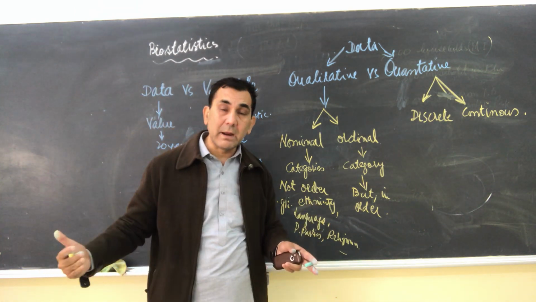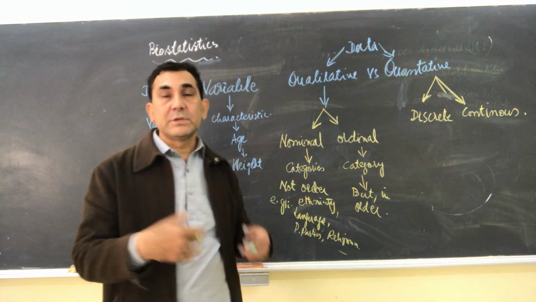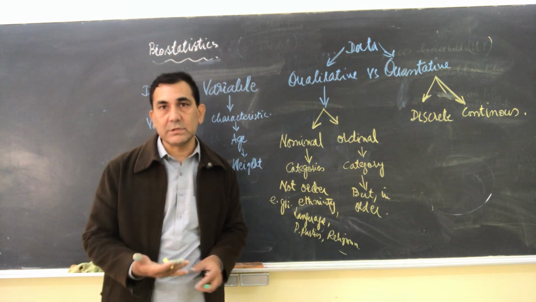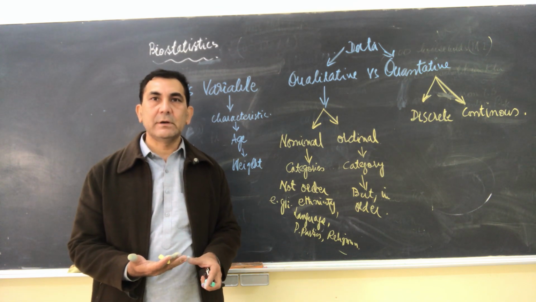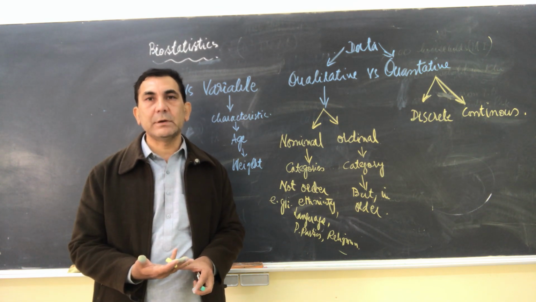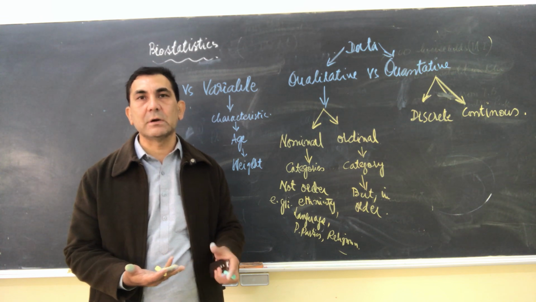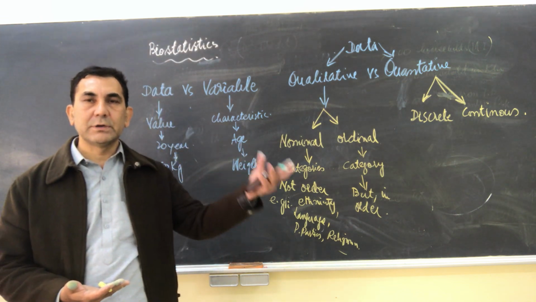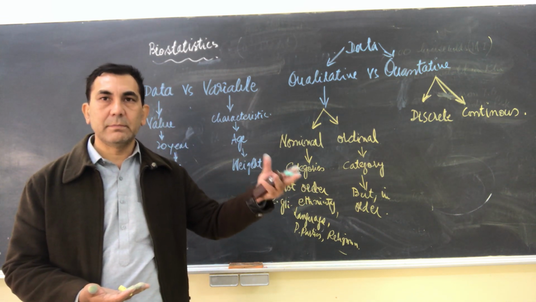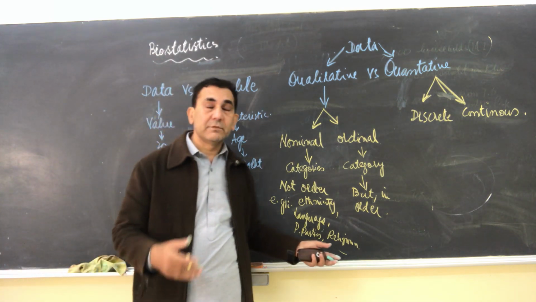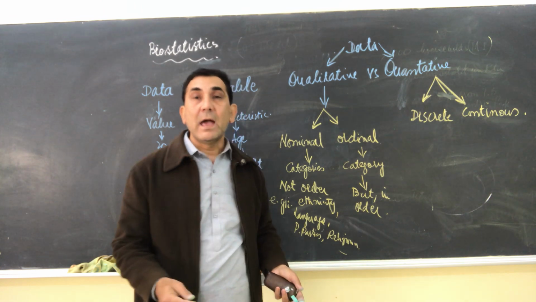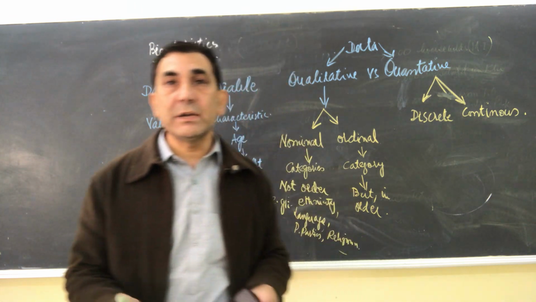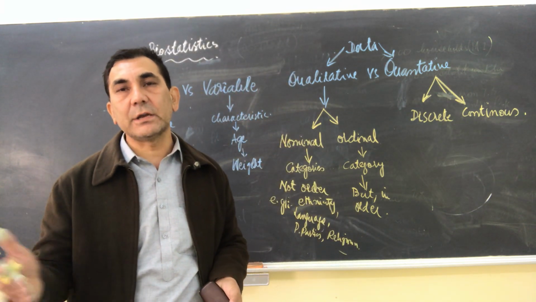So it is in rank form, in order form, just like military rank. Second lieutenant, then lieutenant, captain. After the captain is the major. After the major is the colonel, brigadier, and after the brigadier is the general. The victory stand is again in the form of categories: first, second, third.